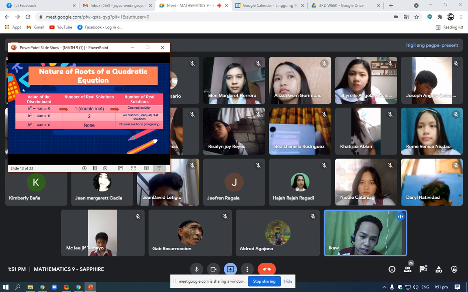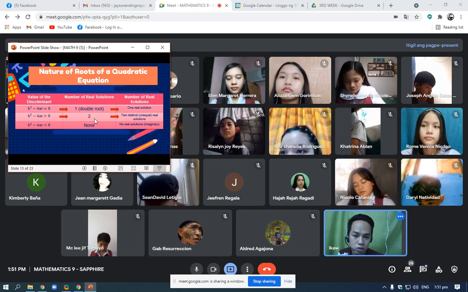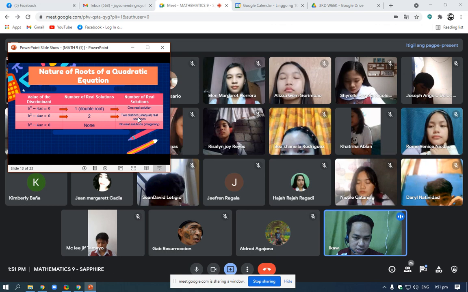With accordance to the number of real solutions, we have two distinct or unequal real solutions. Sinasabi natin na magkaiba yung value ng roots ng quadratic equation. For example, x is equal to 2 and x is equal to 5. So therefore, merong two distinct real solutions na magkaiba ang value ng x. Okay? Nakuha ba natin?